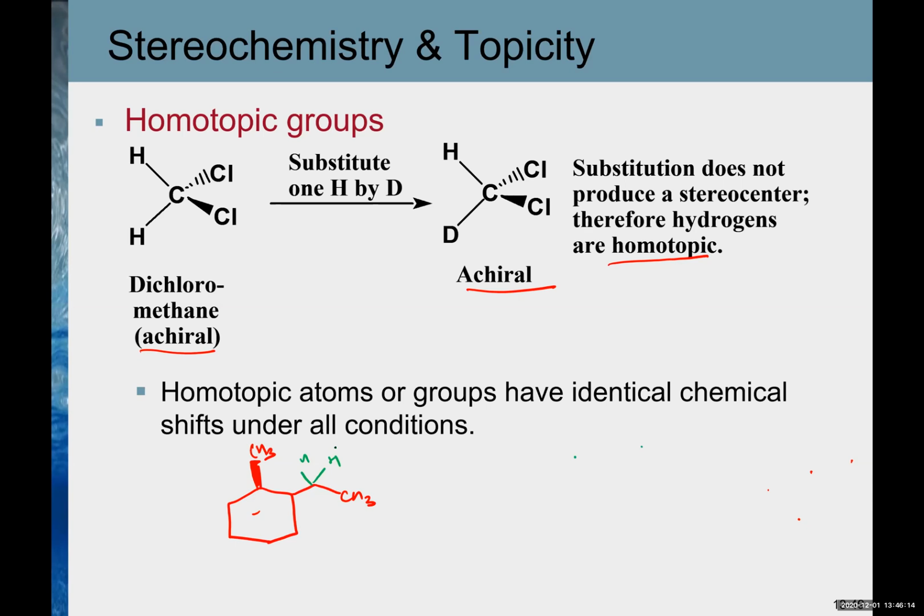In this case, it will be diastereotopic. The reason is there's already one chiral center existing here, right? If we replace the hydrogen with deuterium, it will generate one more chiral center, right? So when one chiral center is already there and they create one more chiral center, that would be diastereotopic.